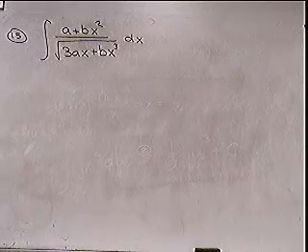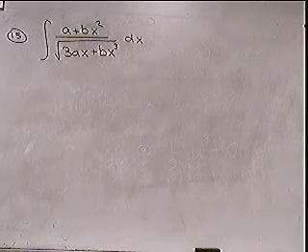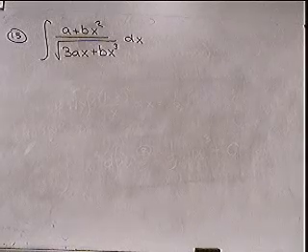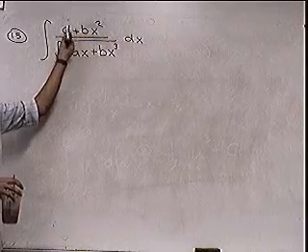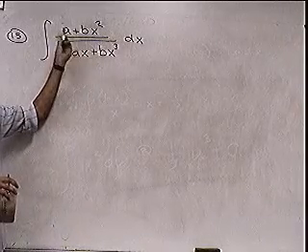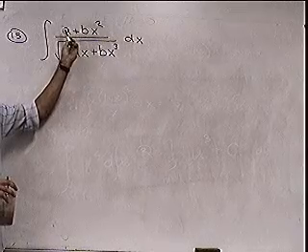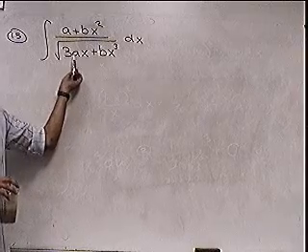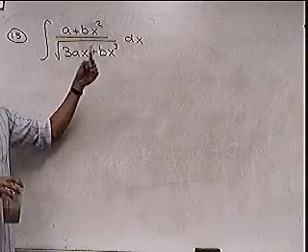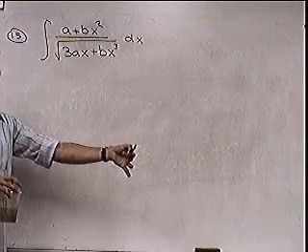Something and its derivative. If you look at the entire numerator, would you agree that this is a quadratic expression? Yes. The denominator inside the root is cubic, isn't it? What's the derivative of a cubic, third degree polynomial?